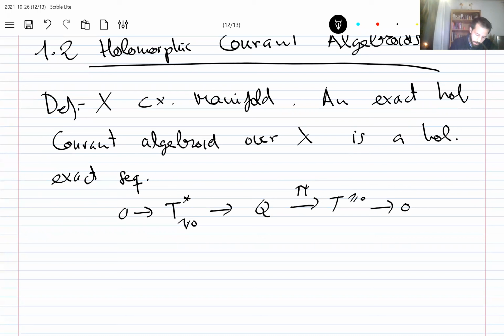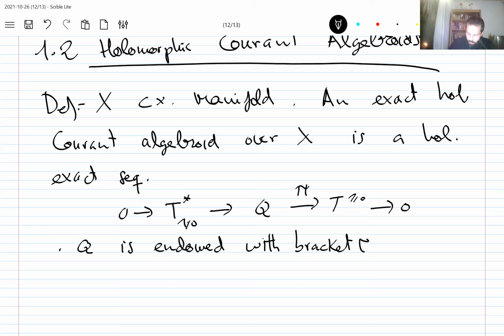And Q is endowed with a bracket on holomorphic sections.